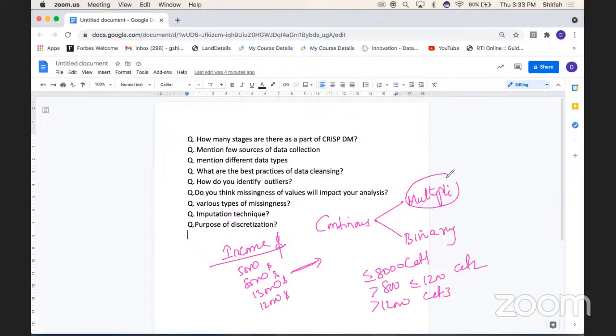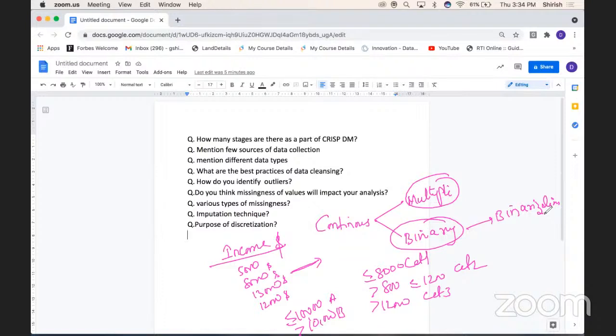This becomes your multiple. I even have an option to make it into 2. I'll make it less than or equal to 10,000, and greater than 10,000, A and B. This is called binary, and this process is called binarization. So the purpose here is that the model will not accept it, and these are the techniques we are discussing.